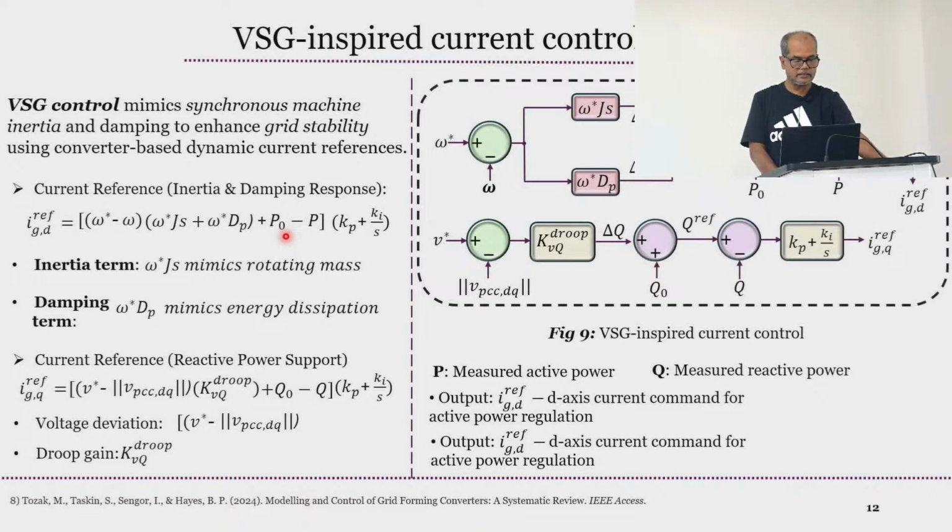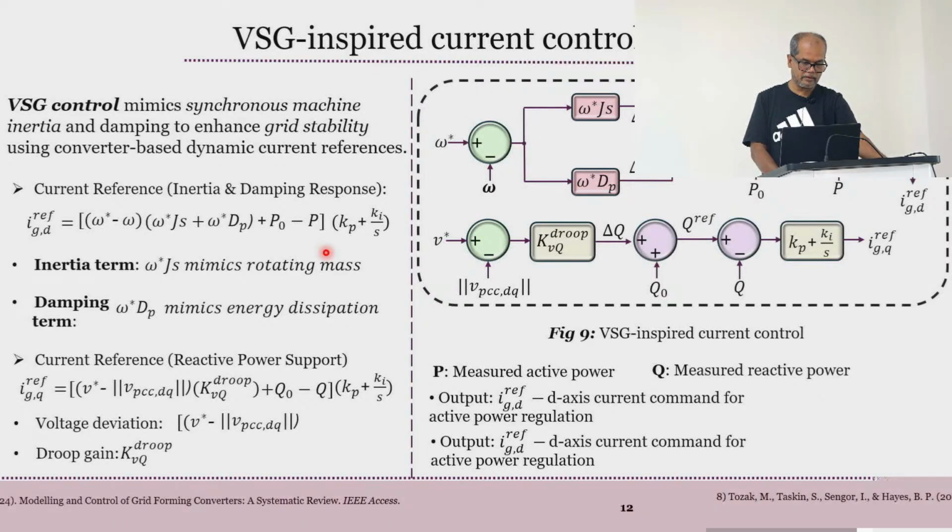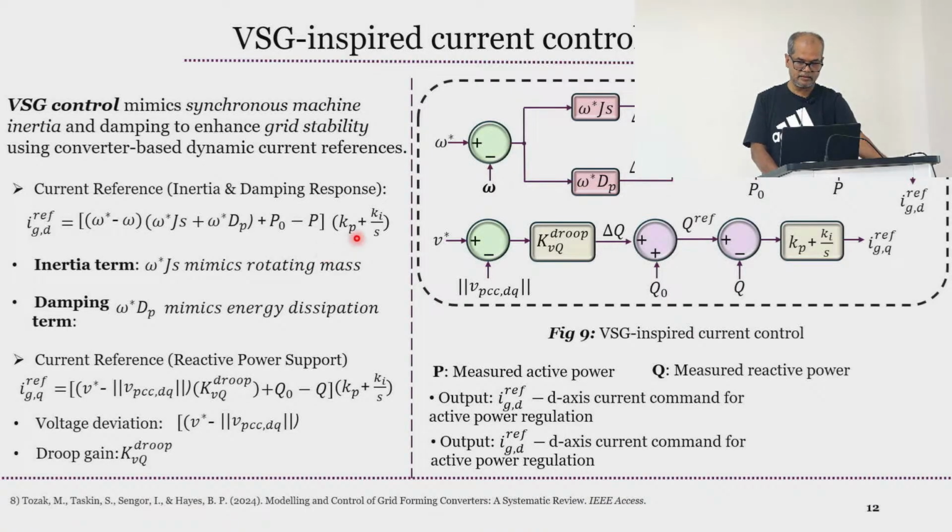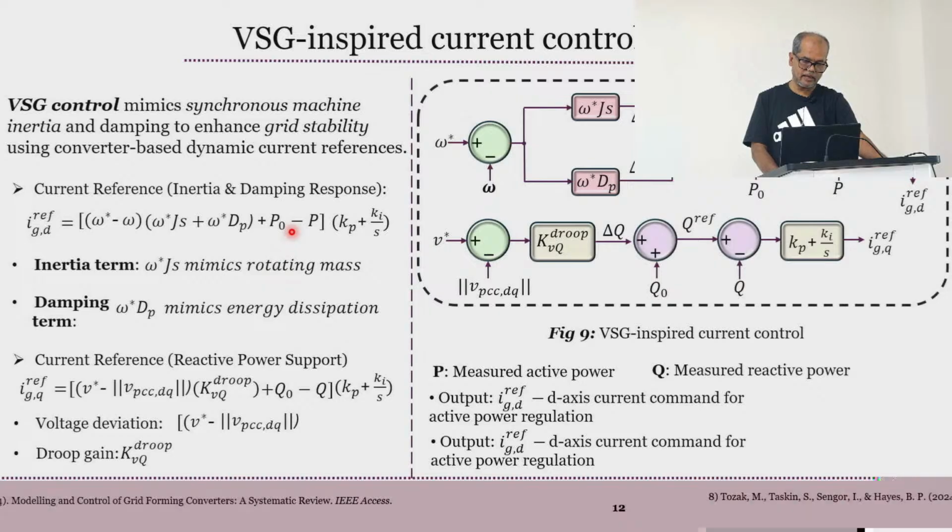Sometimes they just capture the electromechanical dampings, electromechanical dynamics, but sometimes they also try to include voltage as well. But here I think this is only the inertia damping, using that well established swing equation, where you have the damping, frequency and real power.